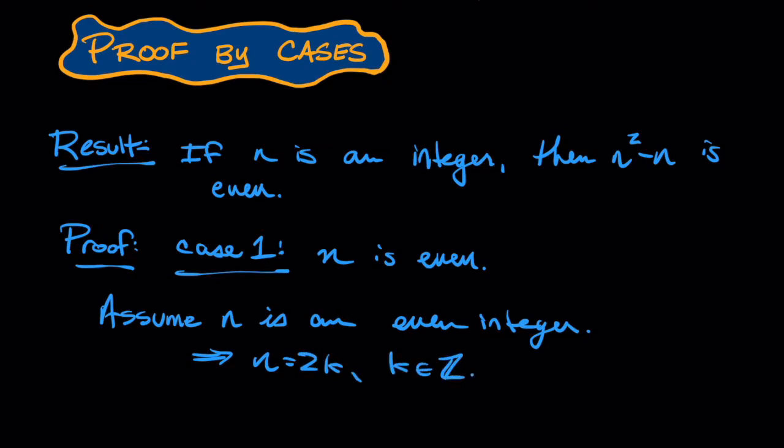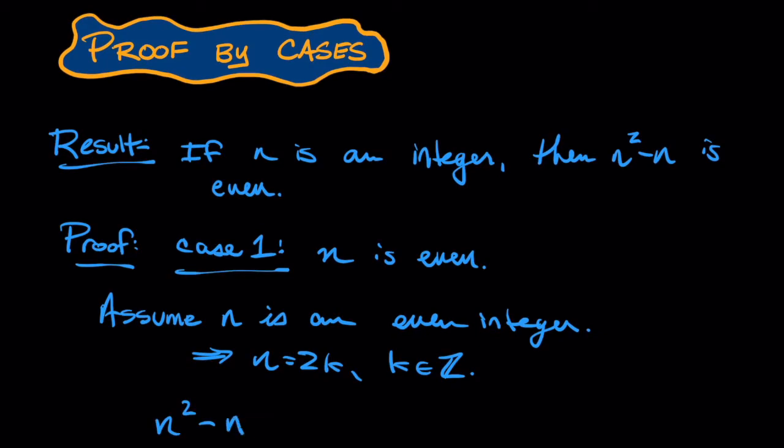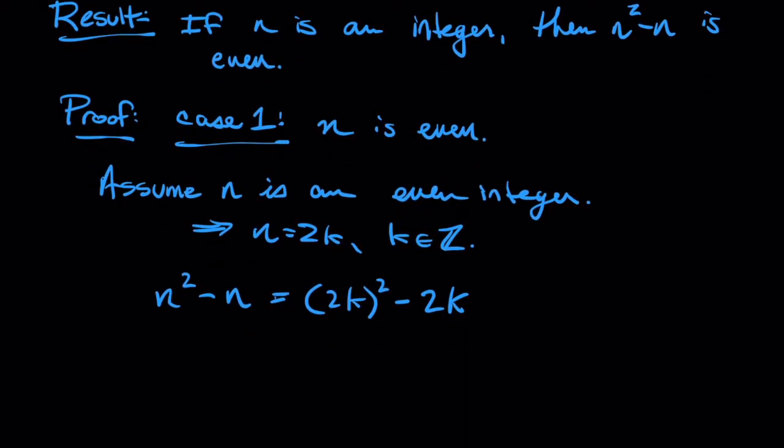So if we look at n squared minus n, that's going to be the same thing as 2k squared minus 2k. So we get 4k squared minus 2k, and we know that we can factor out a 2 there, and then we have 2 times (2k squared minus 1).